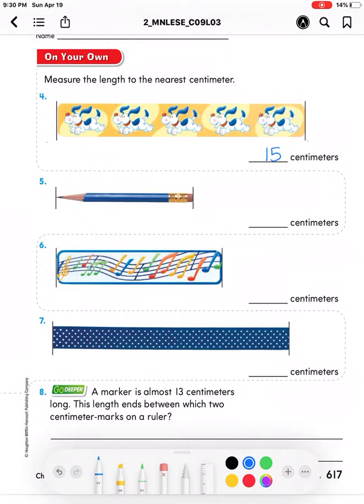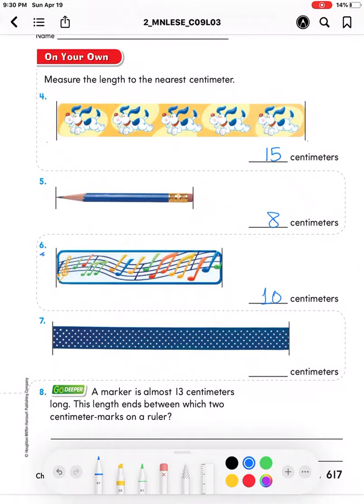Now, if you do the same with the coming question where we have a pencil in question number 5, you will find it to be 8 centimeters, okay? And for the music note in question number 6, you will find it 10 centimeters.